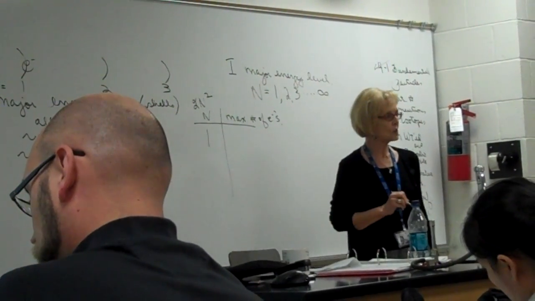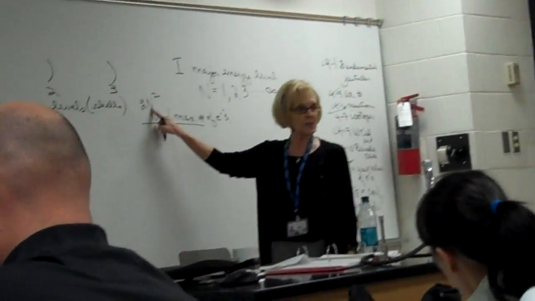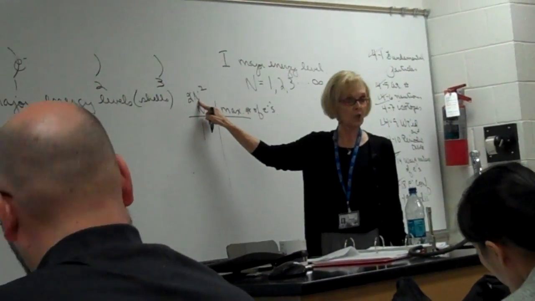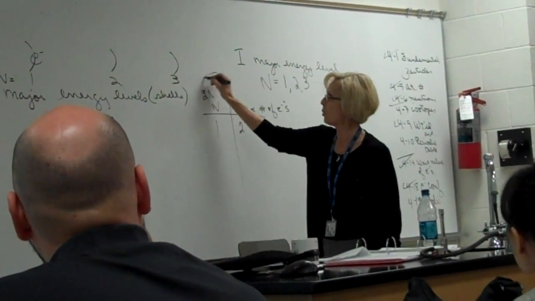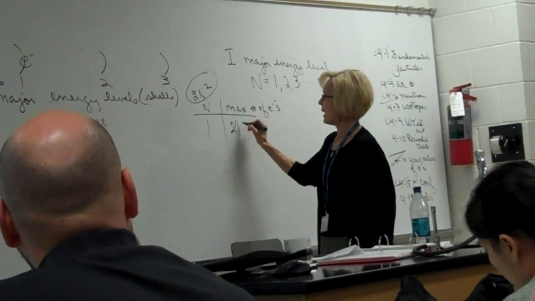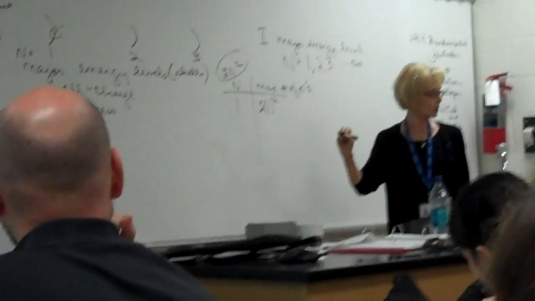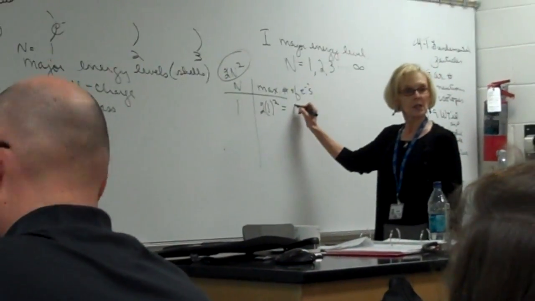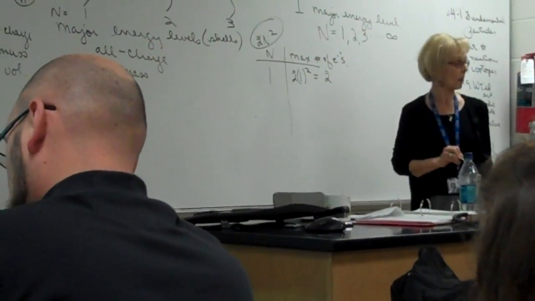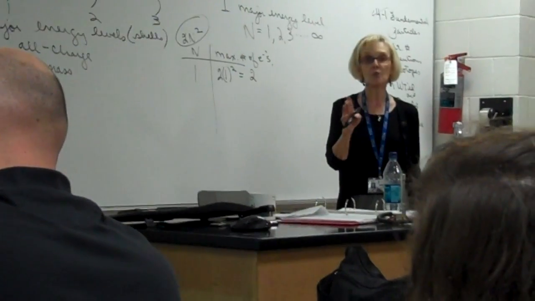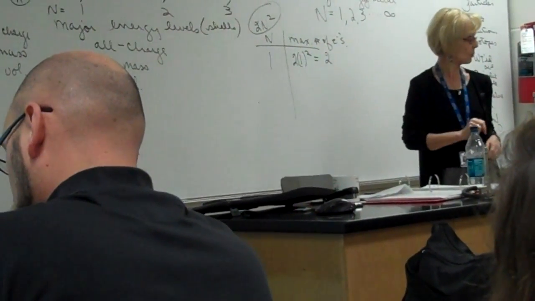If we are on the first major energy level, so n is 1, this tells us the maximum number of electrons that can be accommodated there. The 2 is always there. The n is what changes, and then we square that n value. This tells us how many will fit on the first major energy level: 2. Once you have 2, it's full, just like the concert. 2 seats in the front row.